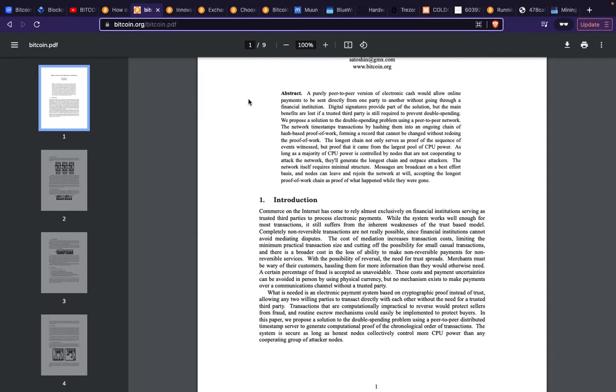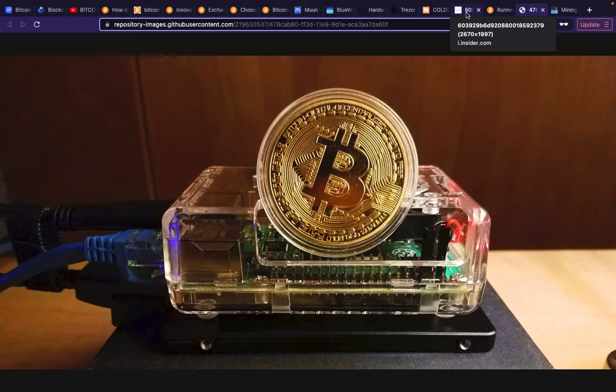Now we were talking about the energy and the work, right? Basically, the work has to be done by the computers. So when the computers do the work, and I'll show you, that's a node that's verifying, ensuring nobody cheats, right?